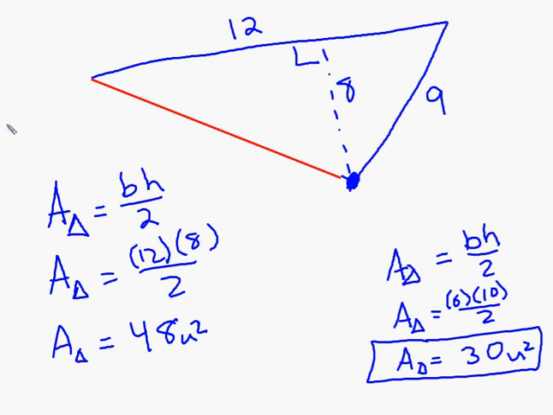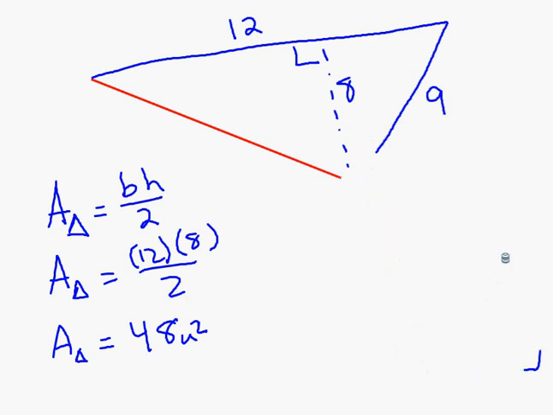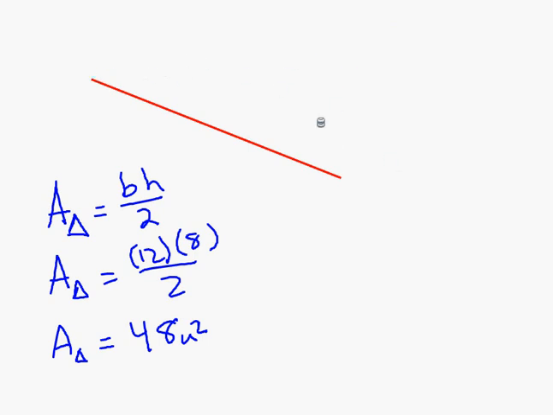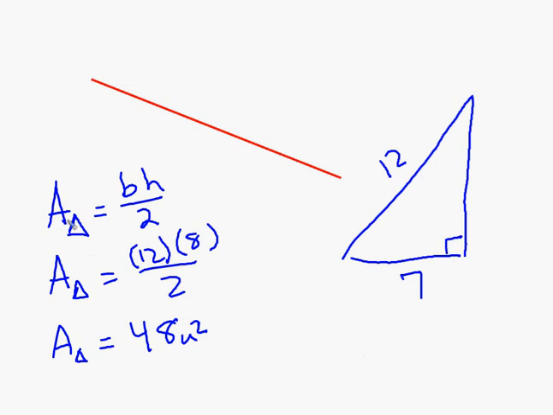Okay, we're going to do one more triangle before we get to that diagram, and I want you to definitely write down this triangle that we're about to do. Okay, what type of triangle is that? It is a right triangle. I want to find the area of that right triangle.